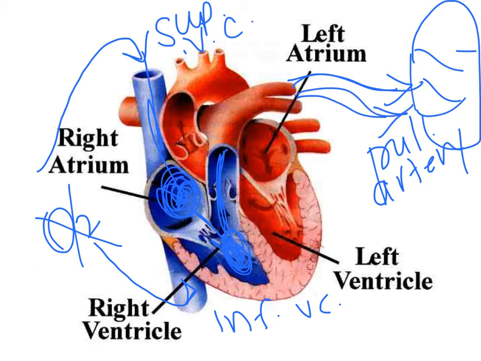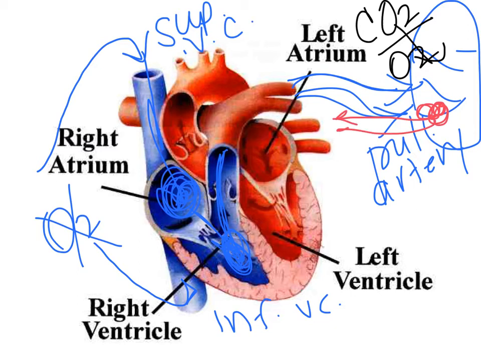This is where that gas exchange occurs, okay? So carbon dioxide is replaced with oxygen, and now we've got this yummy red blood that's going to return to the body through the pulmonary vein. Remember, all veins carry blood to the heart, and they all carry oxygen-poor blood except the pulmonary vein because it's returning from the lungs.